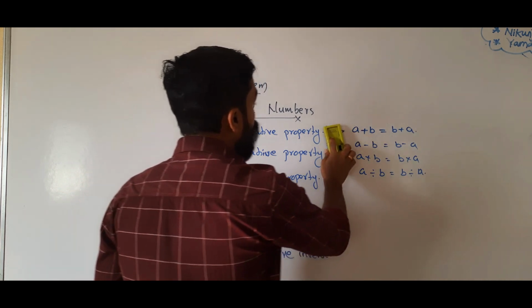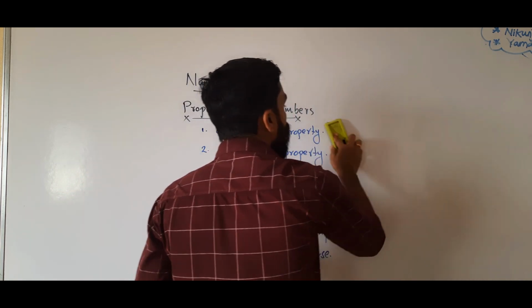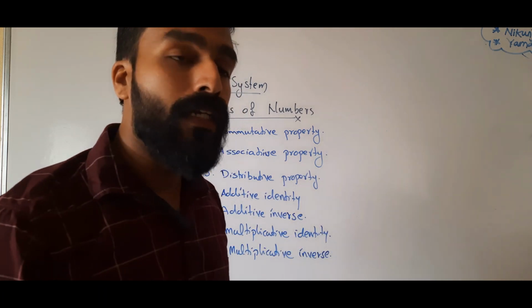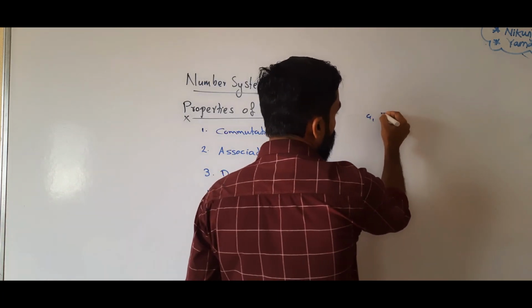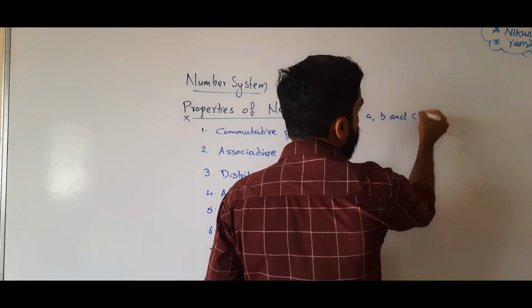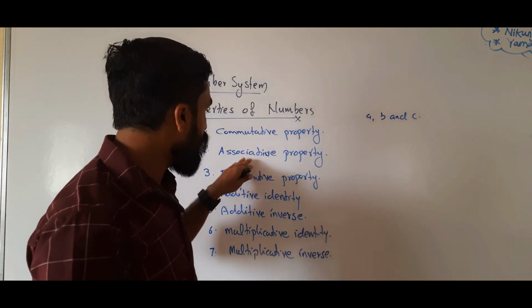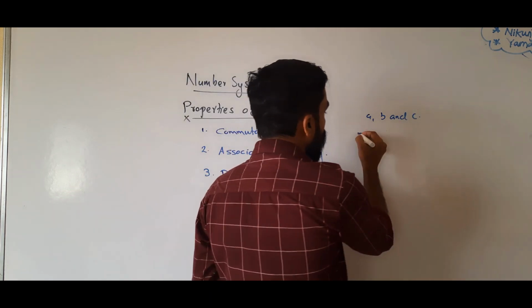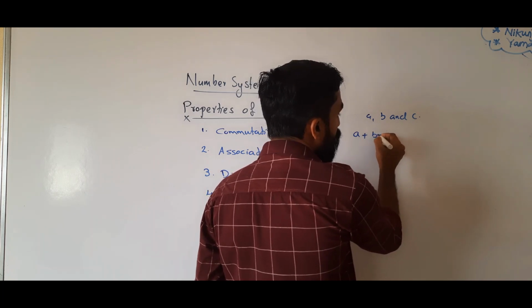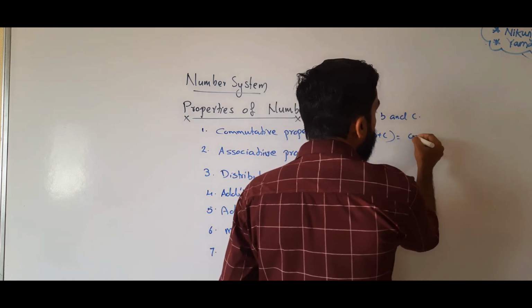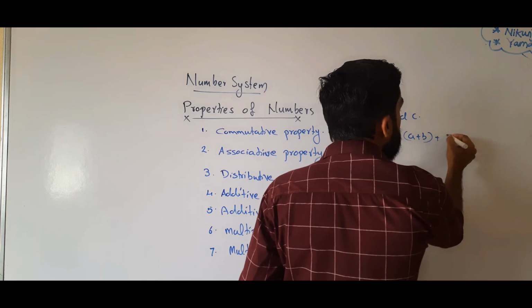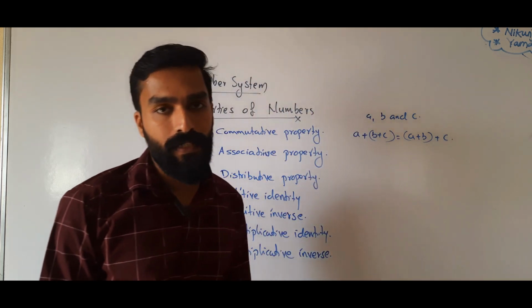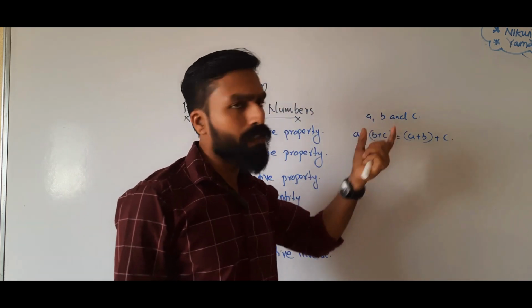Number 2, associative property. In the associative property we have to consider three numbers, A, B and C. In the case of addition we can write: A plus B plus C is equal to A plus B plus C, with brackets in different places. This is the associative property in addition. What is the speciality of this?